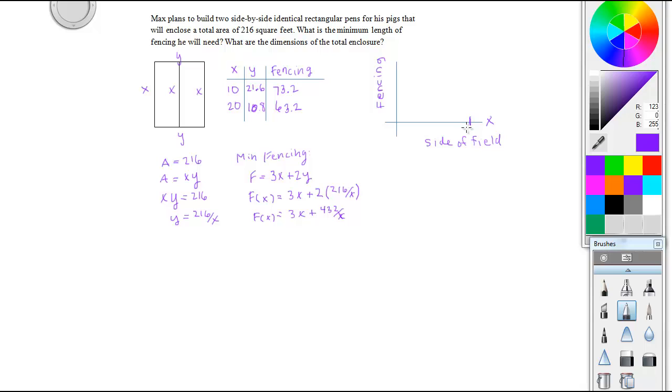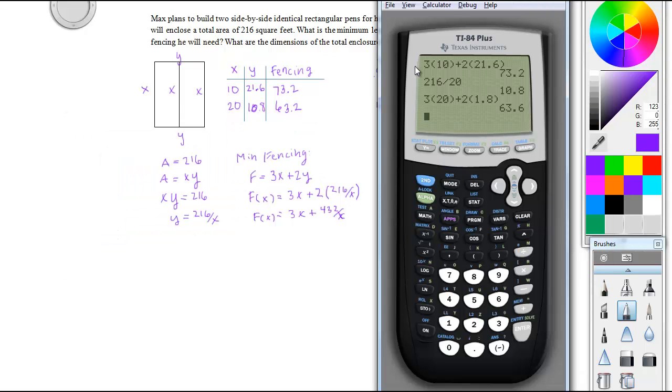So 20 doubled is 40. I'm going to go ahead and put in 50. And for the fencing, I know that I'm looking for something that is smaller than these because I'm looking for a minimum, but it's nice to see a bit more, so I'm going to put my fencing maximum up at 100. Alright, so I'm going to try and graph that and hope for the best.